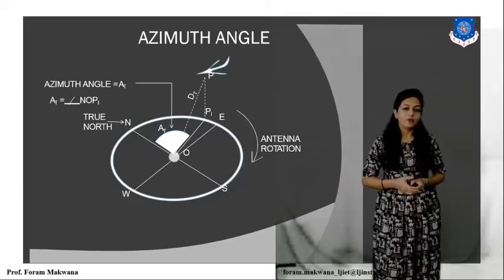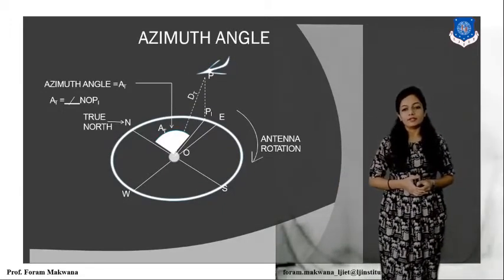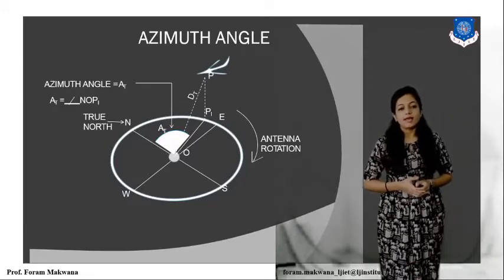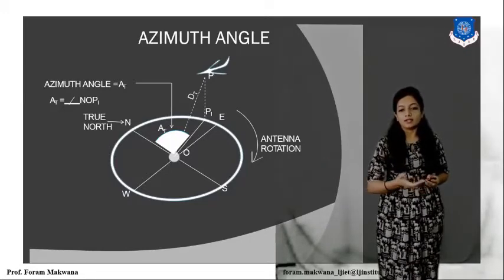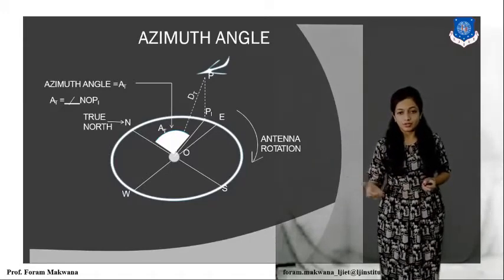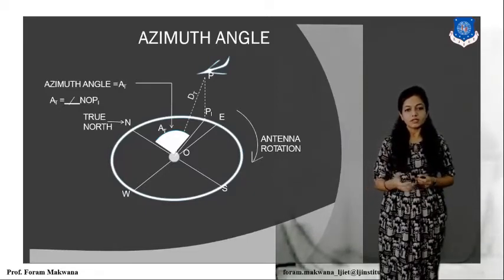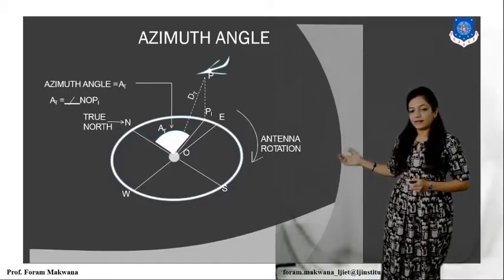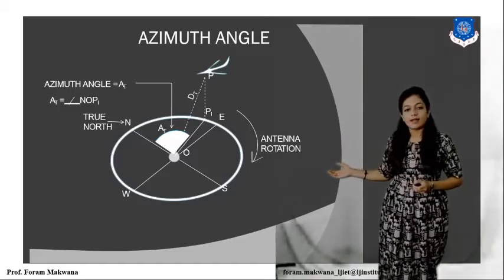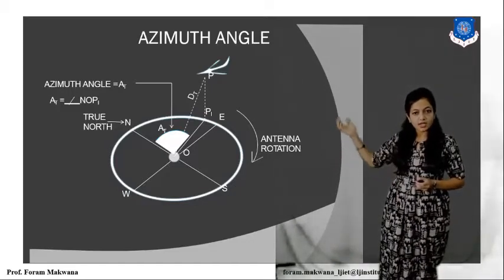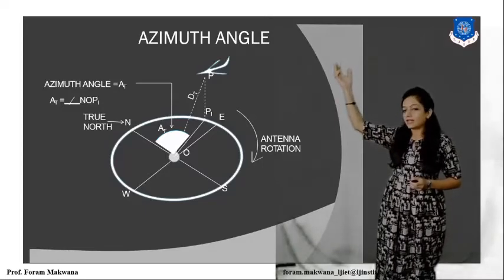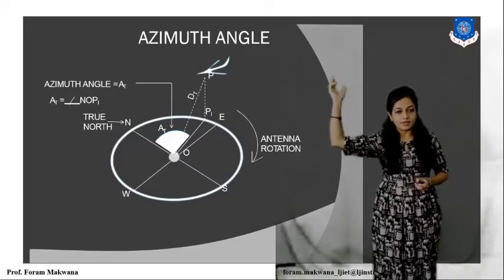Now, as I have told you, the azimuth angle. So what is the azimuth angle? Azimuth angle is the horizontal angle. Consider that my radar antenna is at the O position and the target is in space.